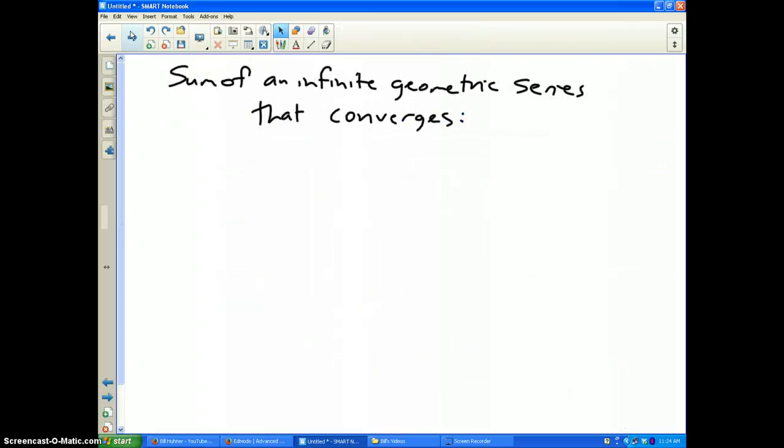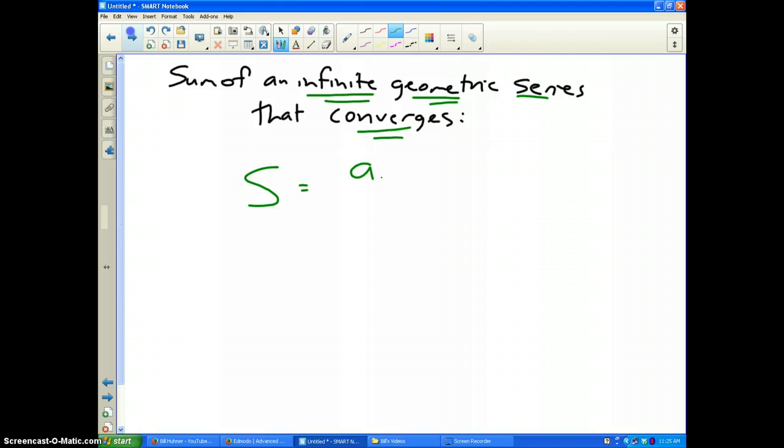Now, there's a very small formula. If you know your series is infinite and you know it converges, the sum of any infinite geometric series that converges is equal to the first term divided by 1 minus the common ratio. That's it.